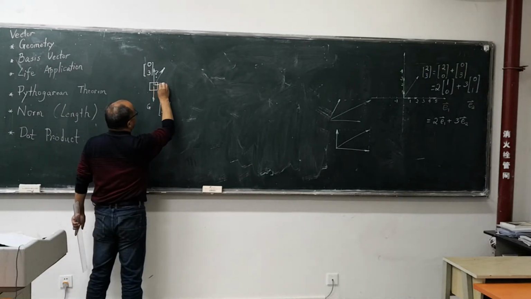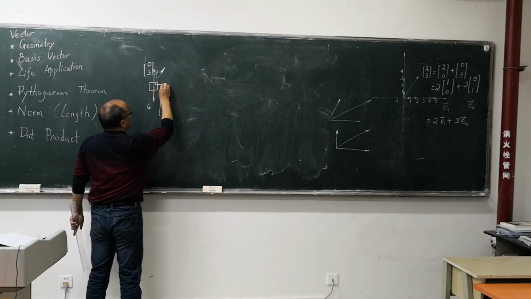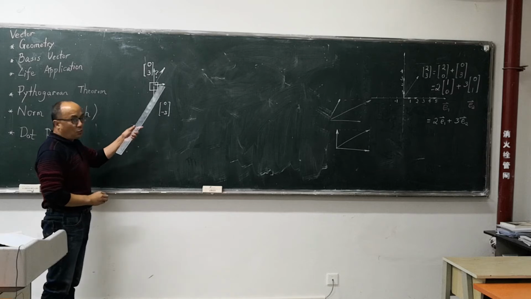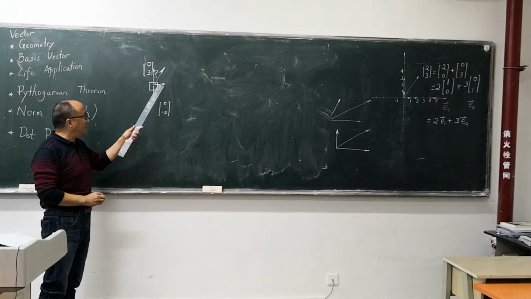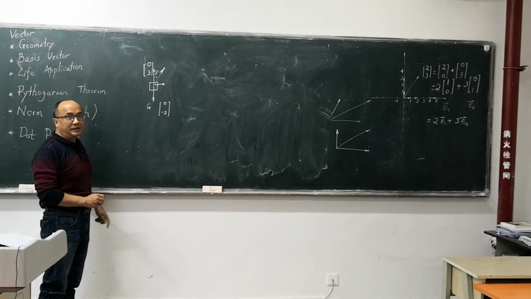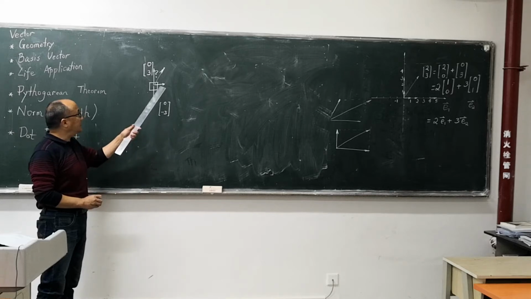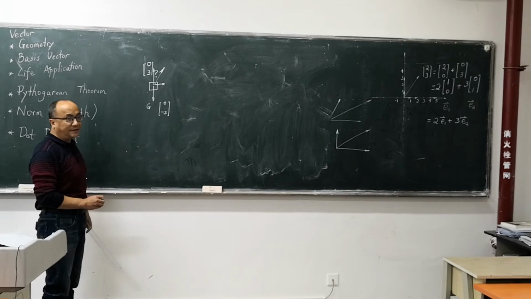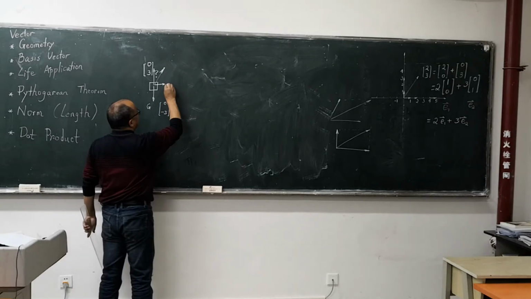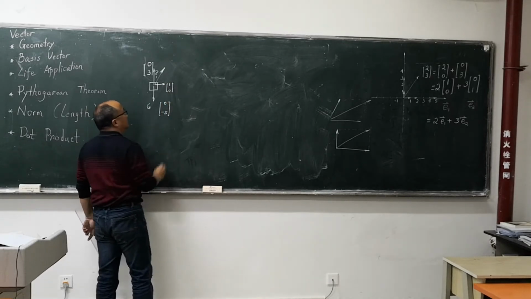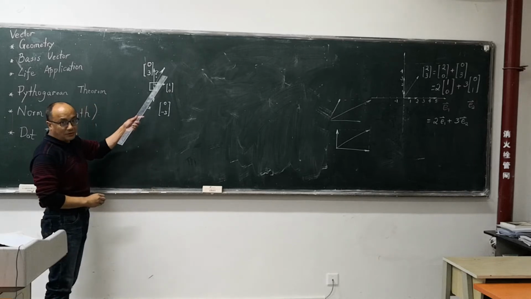And here, this one will be the net effect. If this is a 1, 0, what's this?